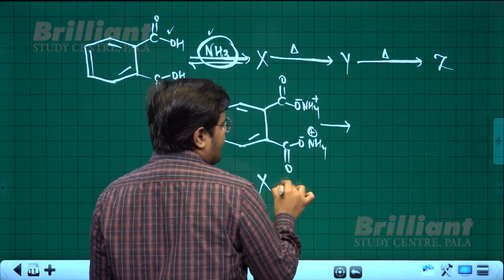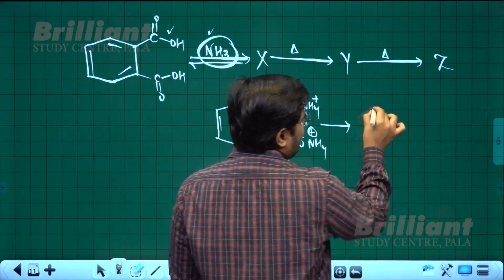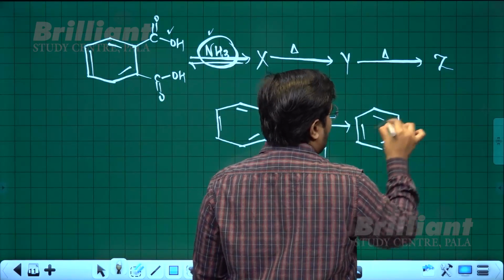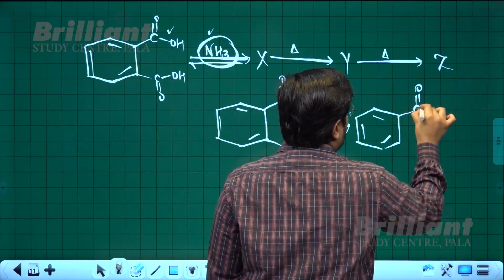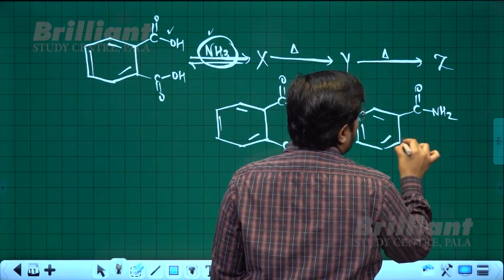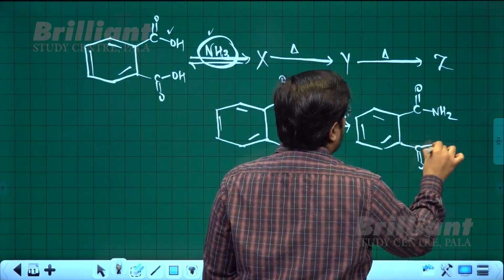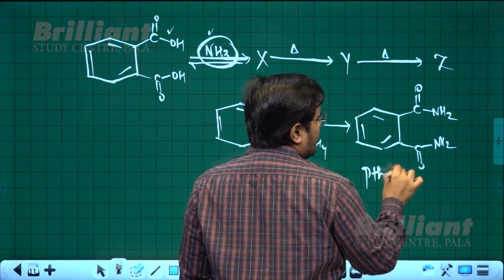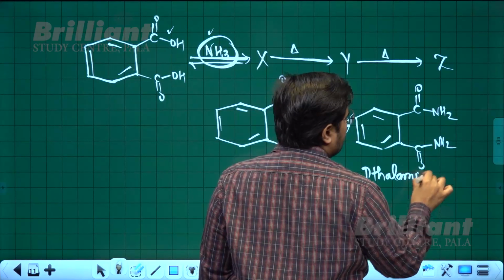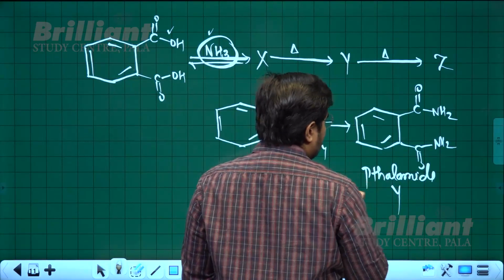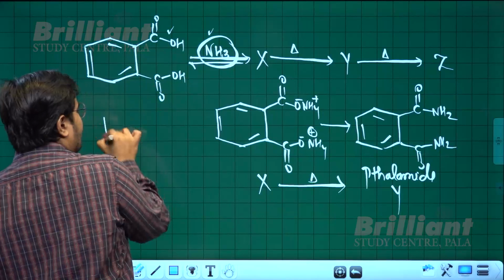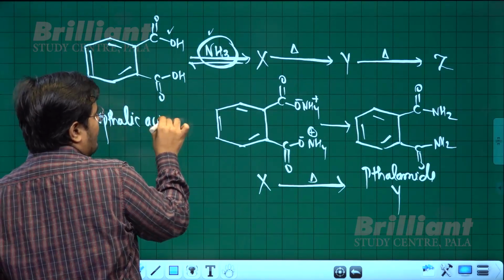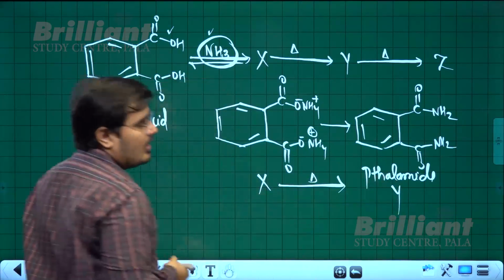So X on heating gives Y, which is going to be C=O NH2, C=O NH2, which is phthalamide, our Y here. So we have converted our phthalic acid into phthalamide.